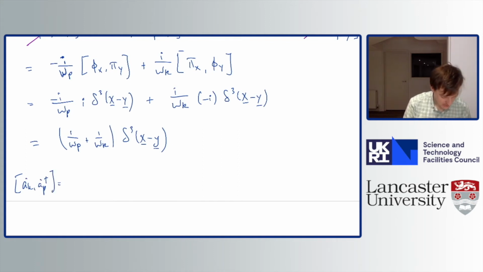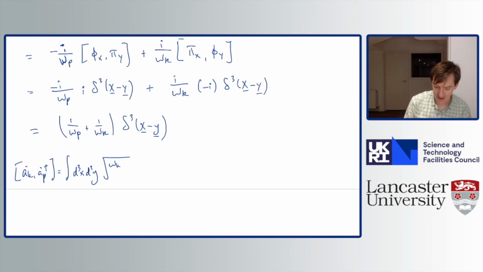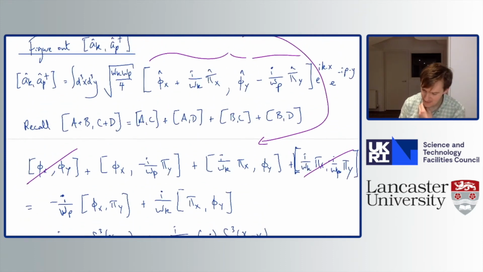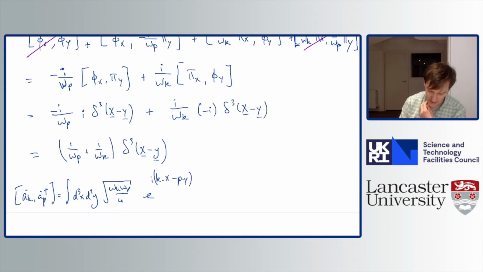We're going to have a d3x, a d3y, a p over 4, and then these exponential factors, so it's I k dot x minus p dot y, and then the commutator we've just worked out: 1 over omega p, 1 over omega k, delta 3 x minus y.